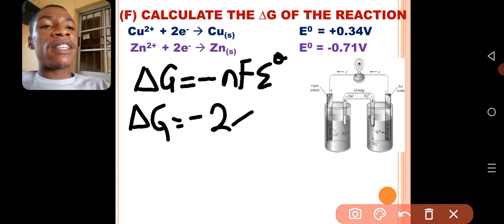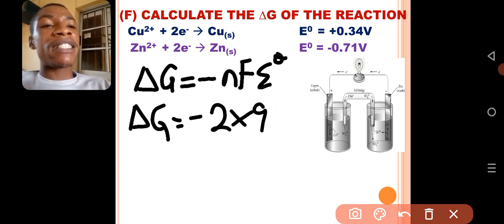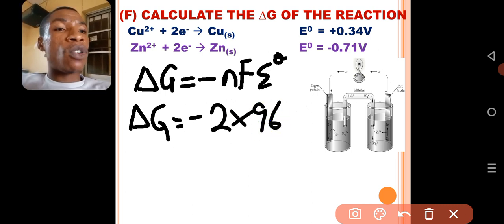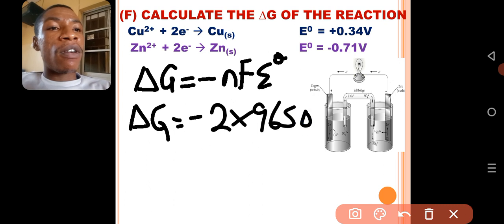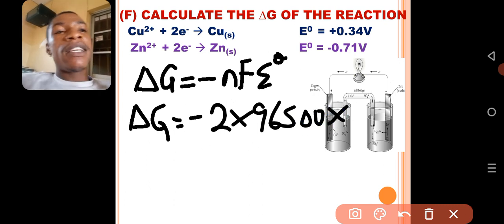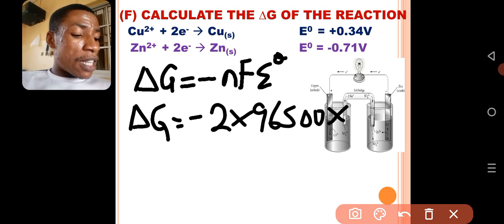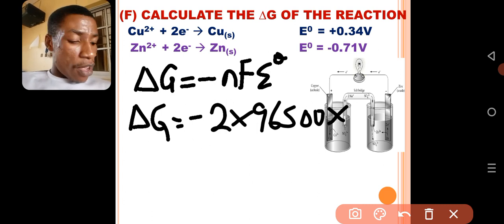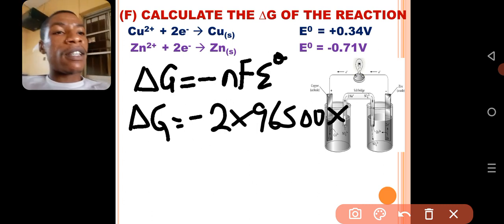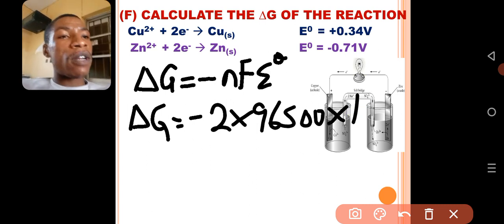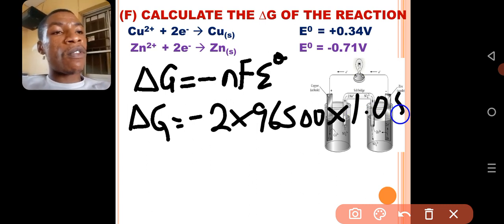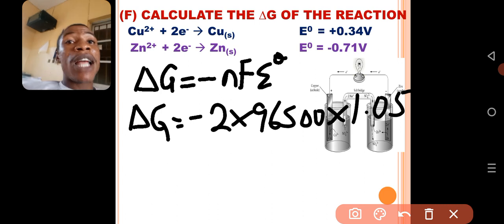F is the Faraday's constant, 96,500 coulomb. Then E stands for the electromotive force of the cell. In this case, our E was 1.05. Don't forget, 1.05. So that's how you write it.